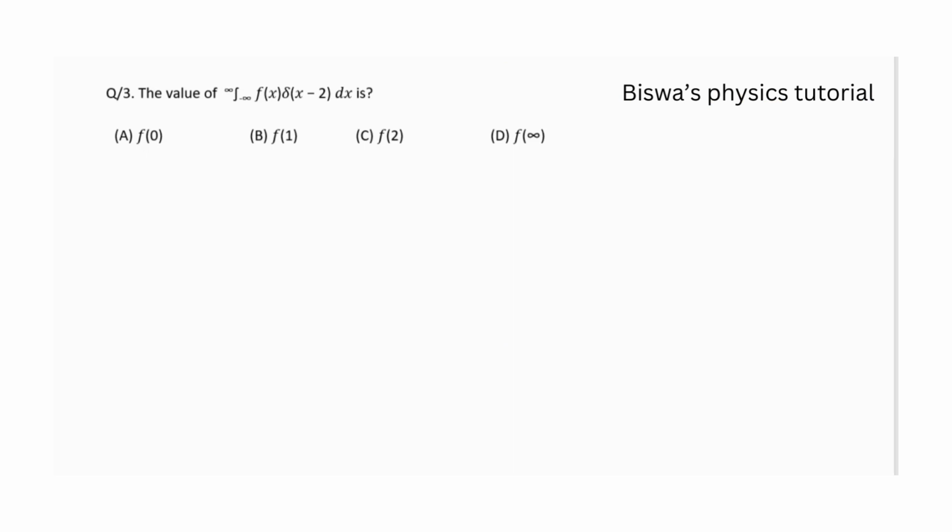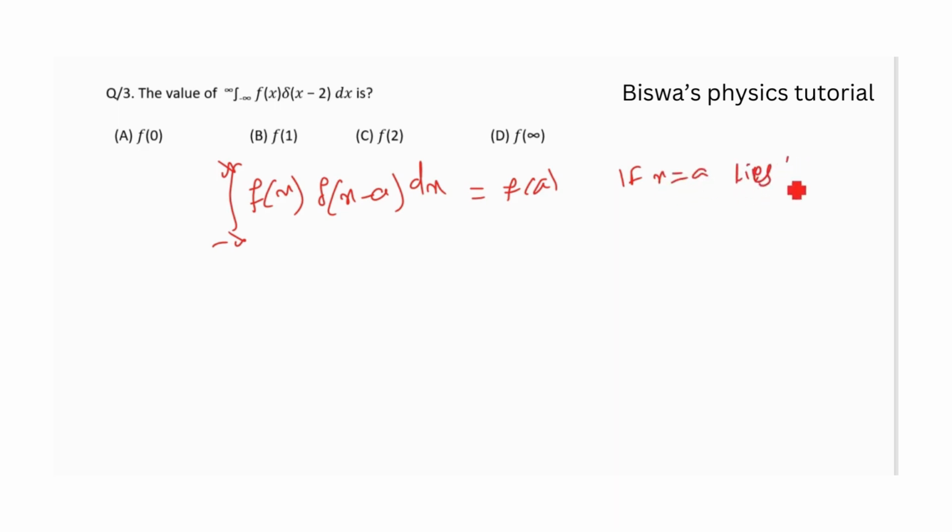To calculate this one, we have one formula of the direct delta function: if a function f of x into delta of x minus a, integrated from minus infinity to infinity with dx, is equal to f of a, if this x equal to a lies between minus infinity to infinity.